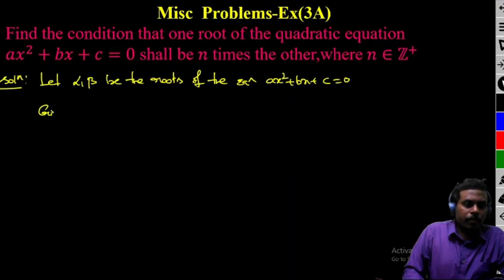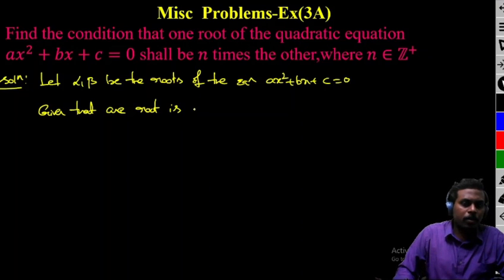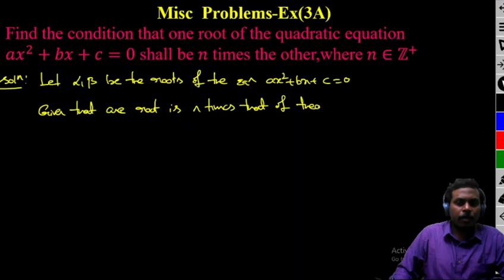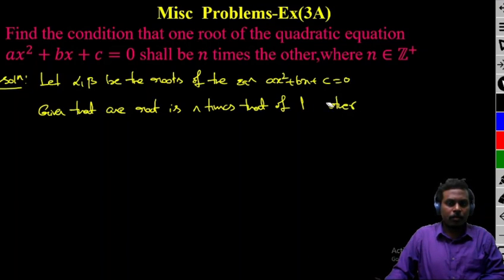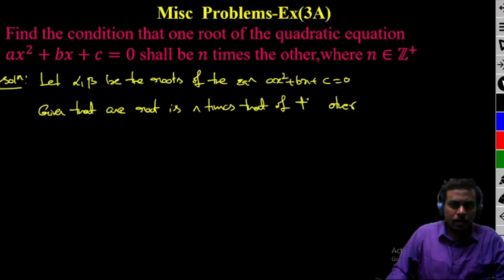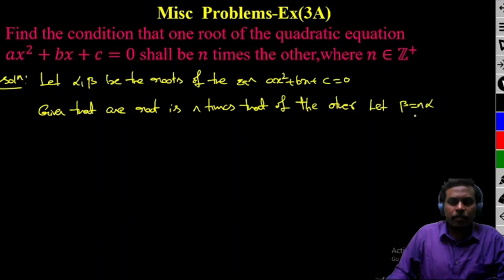Okay, given that one root is n times that of the other. Let me rewrite this one. Okay, let beta is equal to n alpha.